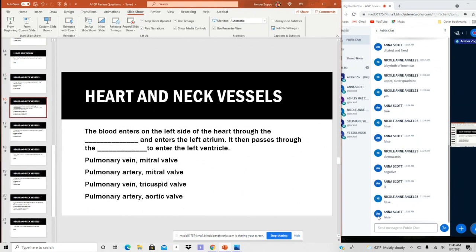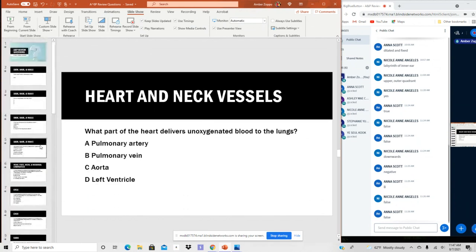It then passes through the blank to enter the left ventricle. Maybe I should bring this picture up and you guys can see. Let's see.